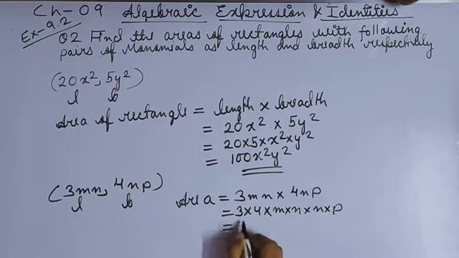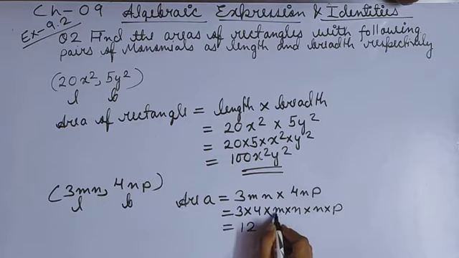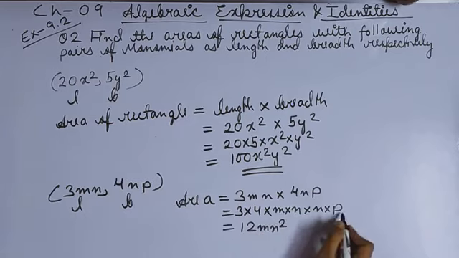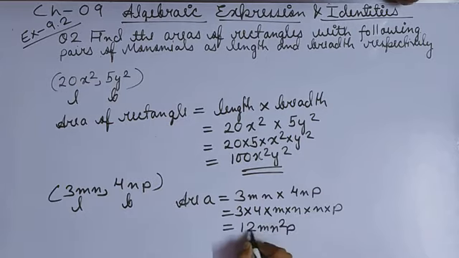So 3 multiply 4 gives you 12, then m is there only once, so this is 12m, then n is multiplied 2 times, so this is n to the power 2, and p is there 1 time only, so this is 12mn square p. So this is the answer for 3mn and 4np, where these two are the length and the breadth of the rectangle, and we have to find the area.